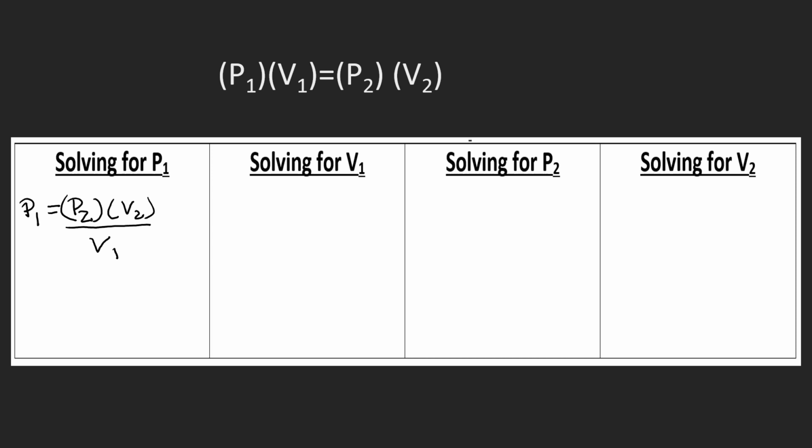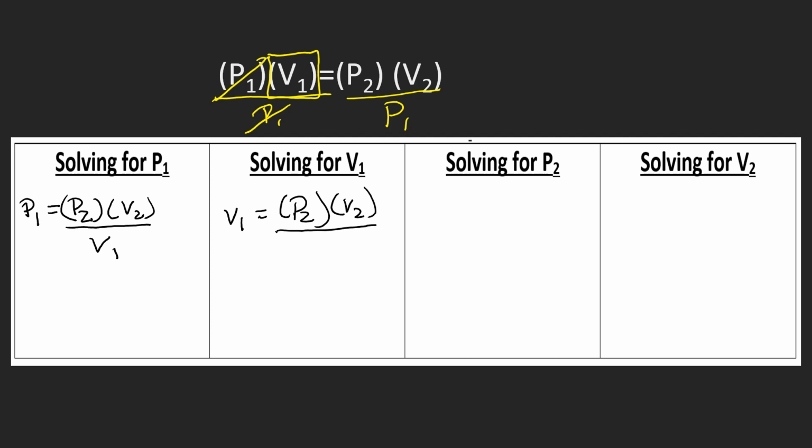If we are solving for V1, we need to isolate V1. And again, we divide both sides by P1. And so our equation becomes V1 is equal to P2 times V2 divided by P1.